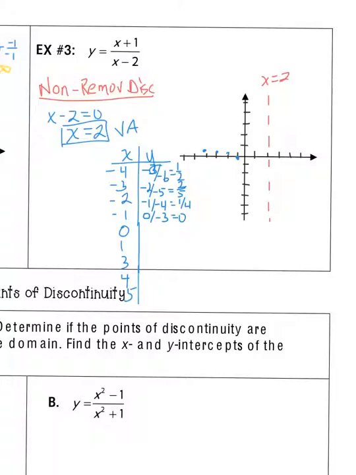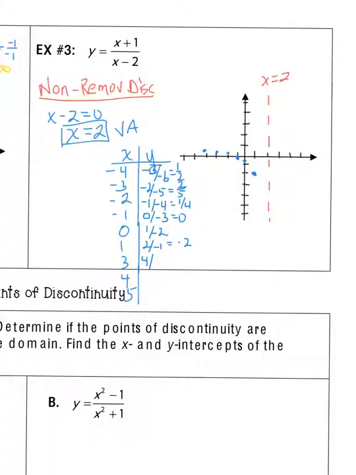And then 0 plus 1 is 1. 0 minus 2 is -2. So I get 0 and -1/2, and that ends up being our y-intercept. 1 plus 1 is 2. 1 minus 2 is -1, so that equals -2. And then 3 plus 1 is 4.